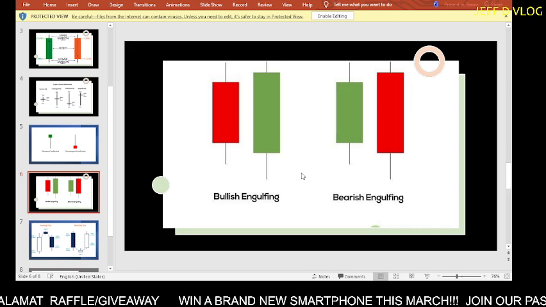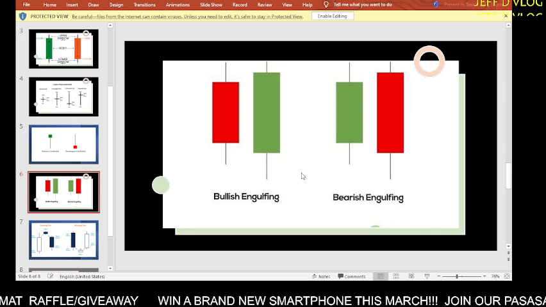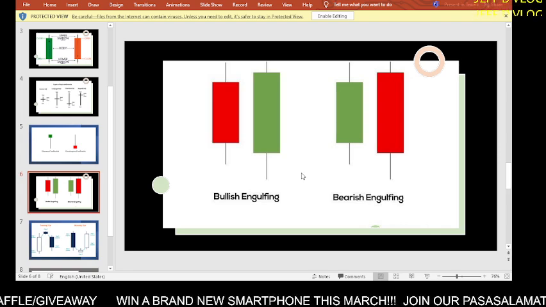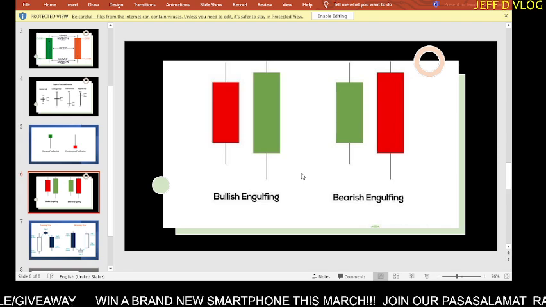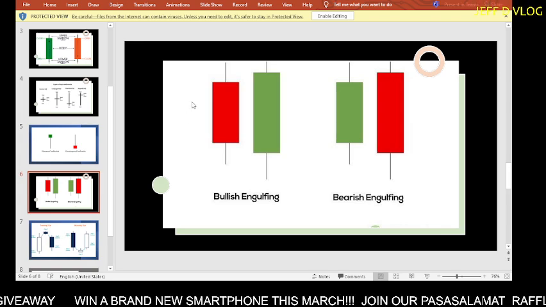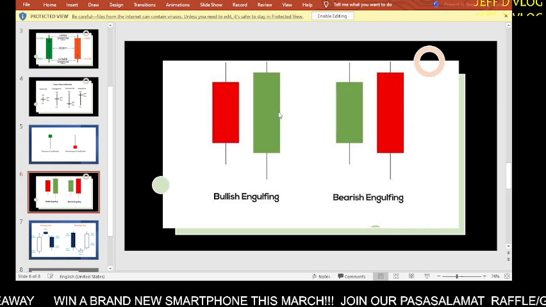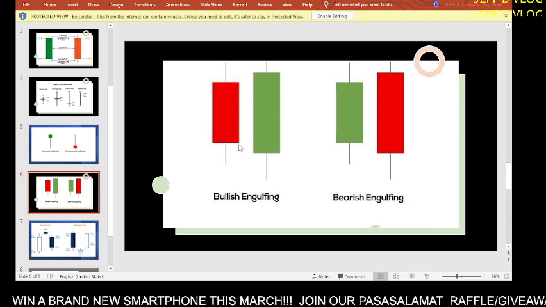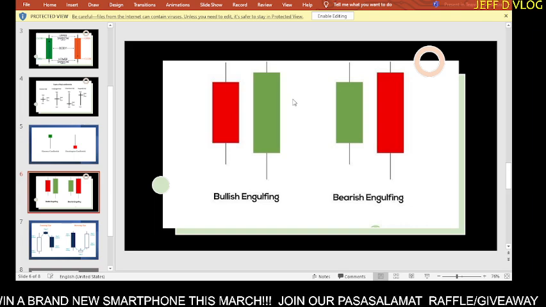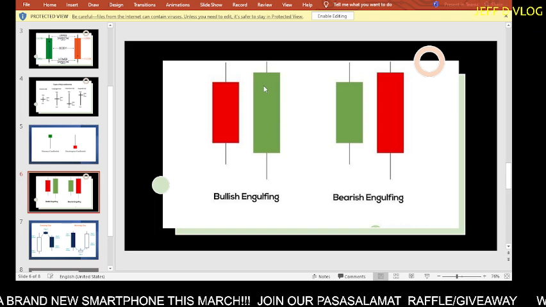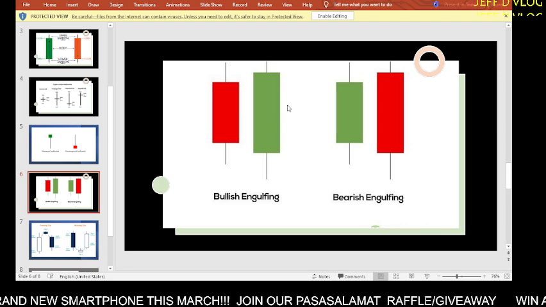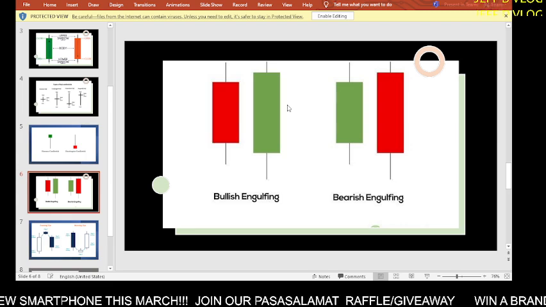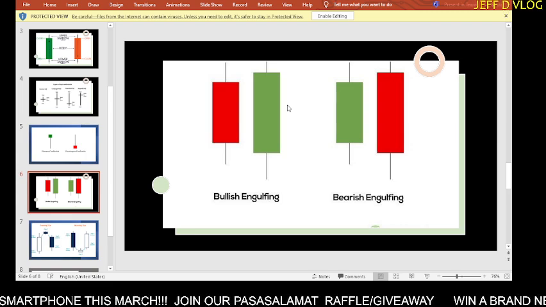The word engulf means it overlaps or engulfs the previous one. The bullish engulfing candlestick is a big green candle that totally engulfs the previous red. The previous should be red. That's why you can call this one bullish engulfing. Otherwise, if it is red and red, then it's just a bearish trend with a really strong force.